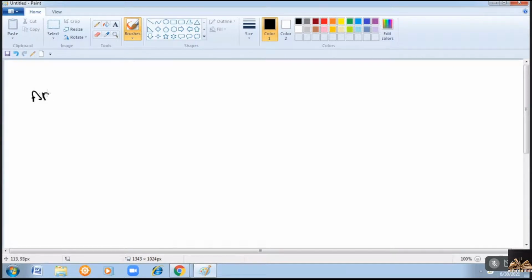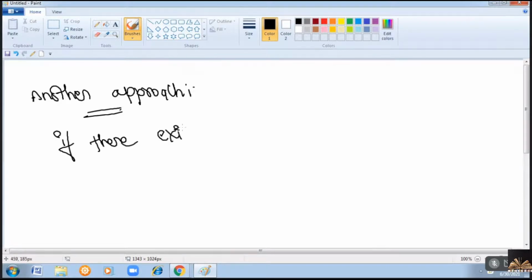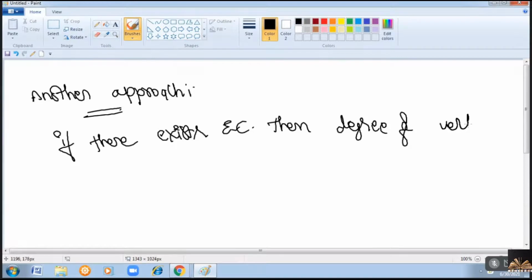Another approach to decide whether the given graph is an Euler graph or not is this: if there exists an Euler circuit in the graph, then the degree of every vertex will be even. So instead of checking all the possibilities, we have the point that if there exists an Euler circuit, then the degree of all the vertices is even.